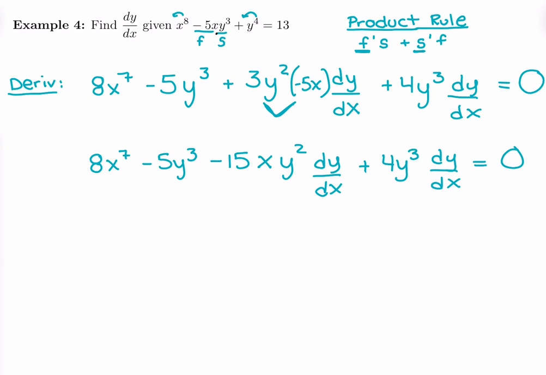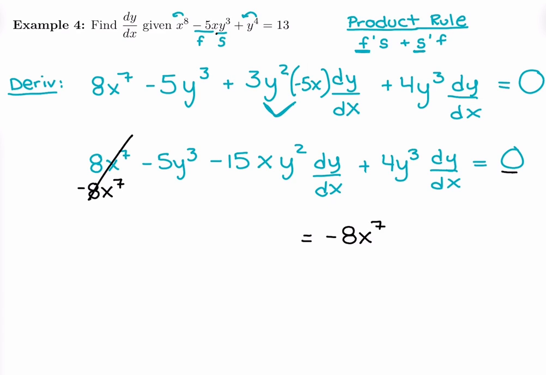I want to solve for dy/dx, which means I need to have it on one side by itself. I can either keep it on the left or move it to the right. This time I will keep the dy/dx on the left. So anything without a dy/dx, I'm going to move it to the right. So should I keep or move the first term? I should move it. So I'm going to have on the right-hand side a negative 8x to the 7th. There was a 0 over there. I don't really need to write that though.